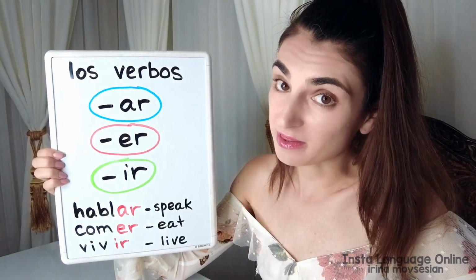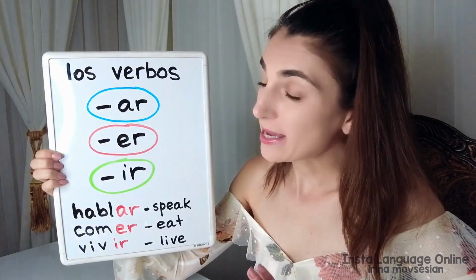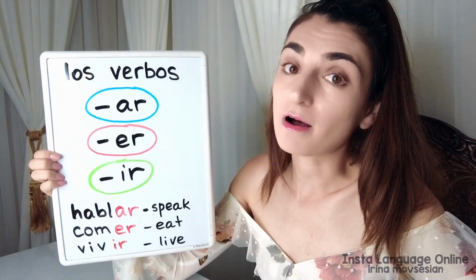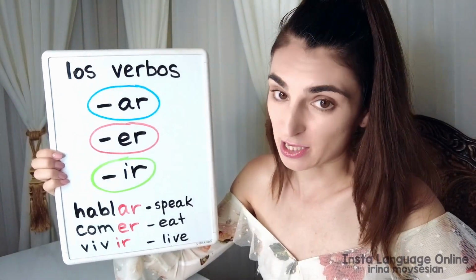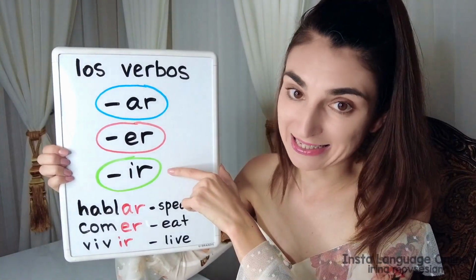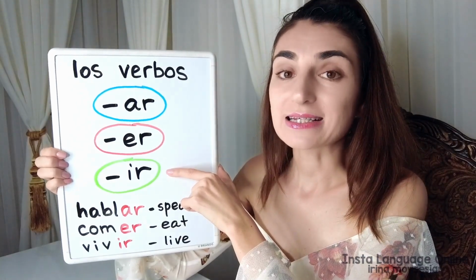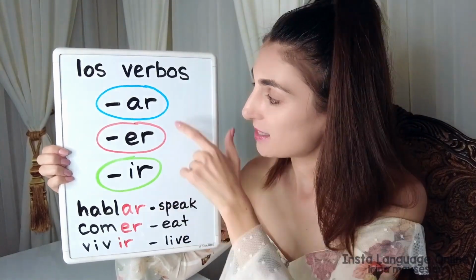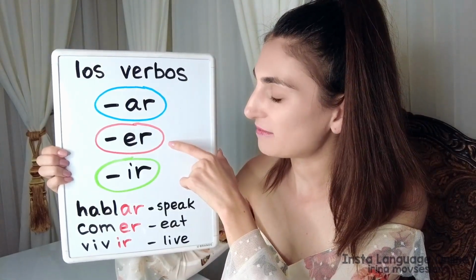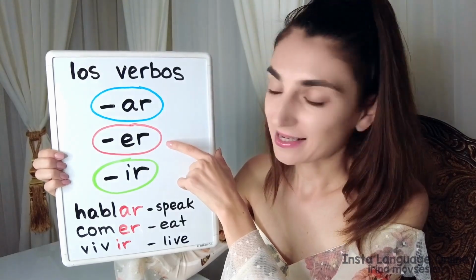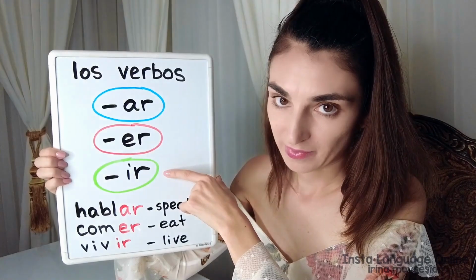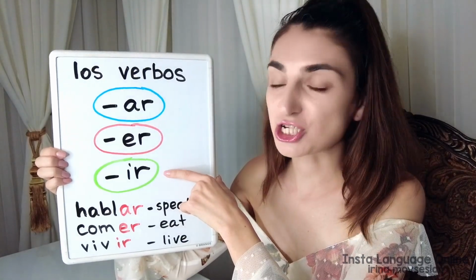And I start with the fact that we have 3 different types of verbs in the Spanish language. And I wrote for you the endings. We have 3 different types. The verbs that have the ending ar, the verbs that have ending er, and the verbs that have the ending ir. 3 different conjugations.